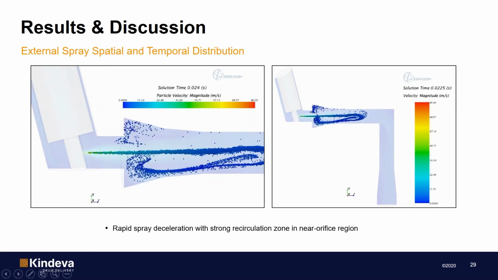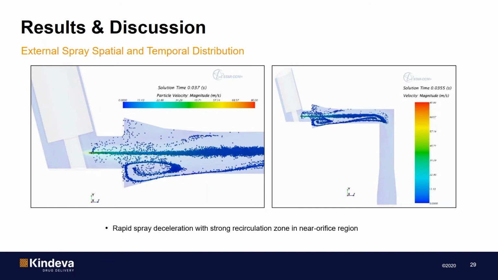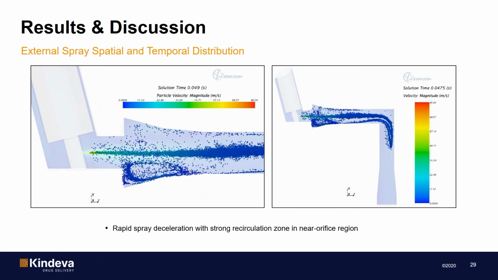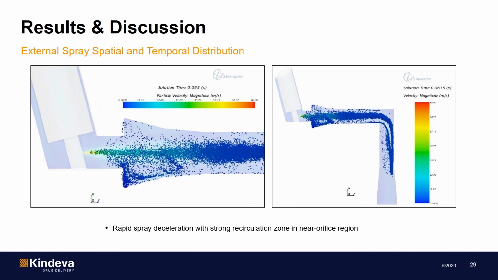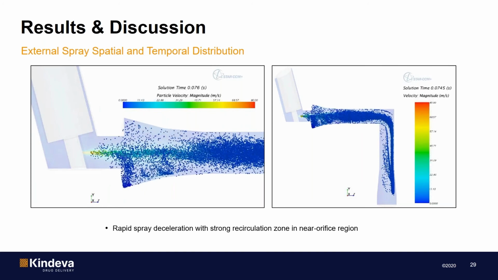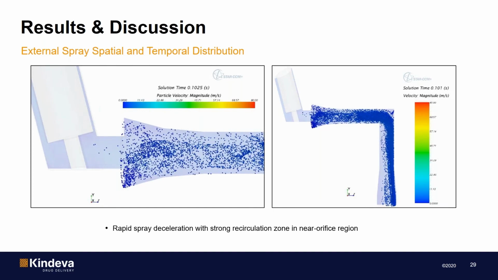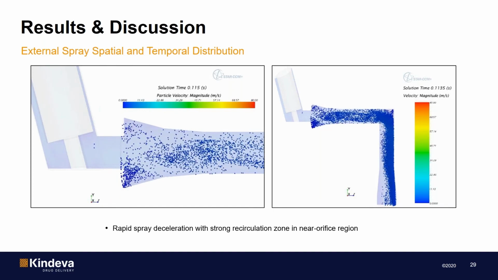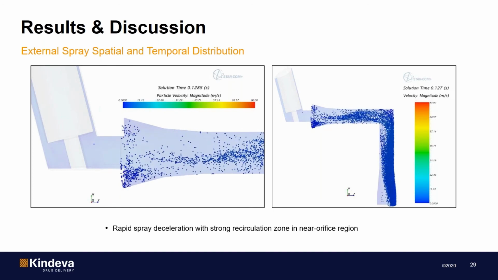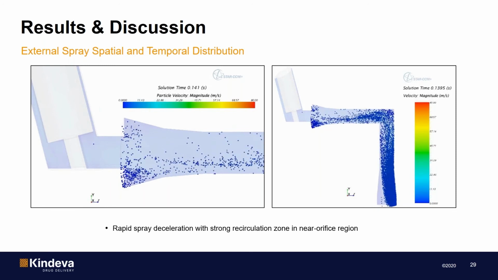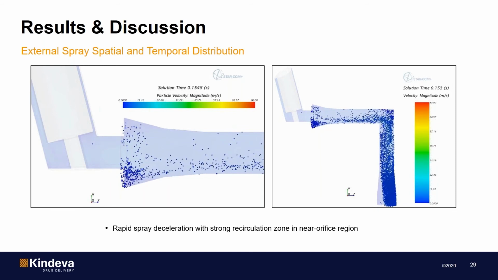So you can see that the spray is basically emitted with a very high velocity, something in the order of 80 meters per second, but then rapidly decelerates to values of around 30. You can also see the existence of a very strong recirculation zone, and also the spray is skewed towards the outer wall of the vertical pipe of the induction port.